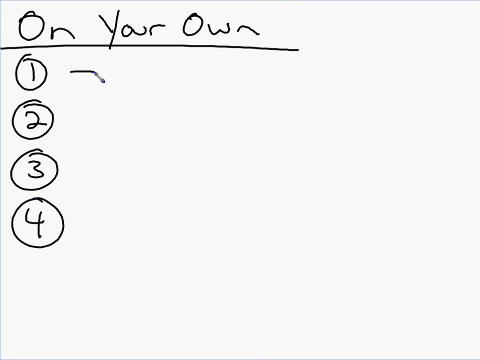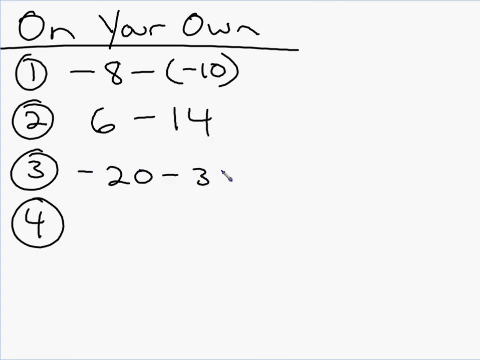Here's the first one. Negative 8 minus negative 10. Number 2 is 6 minus 14. Number 3 is negative 20 minus 30. And number 4 is 10 minus a negative 15. I'll pause the video. You try those on your own.